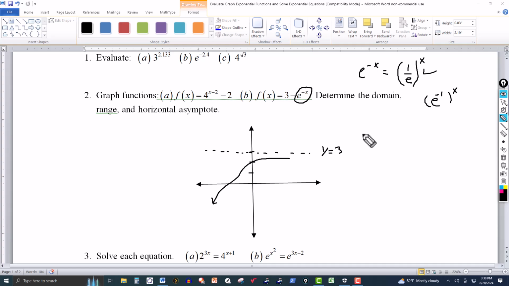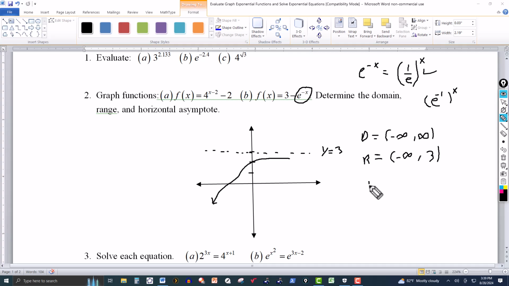So we have then the domain, still no restriction on the x, from negative infinity to infinity. The range starts on the negative side and goes up to 3, but not including the 3. So parenthesis here, from negative infinity to 3.